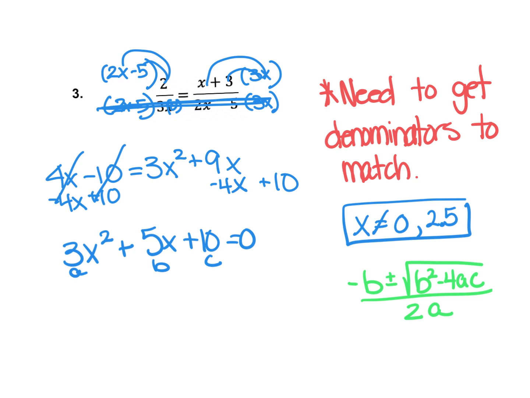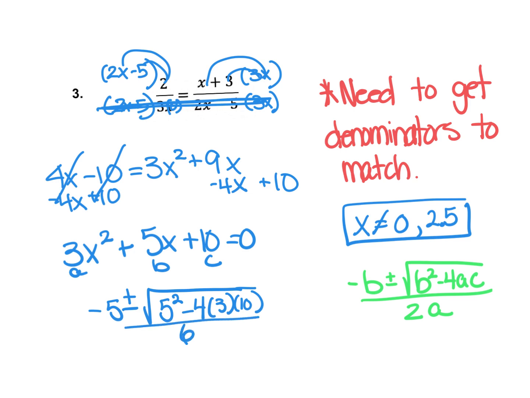All right, so let's plug it in there. So negative b, we'd have a negative 5 plus or minus the square root of b, which is 5 squared, minus 4 times 3 times 10, all over then 2 times a would be 6.